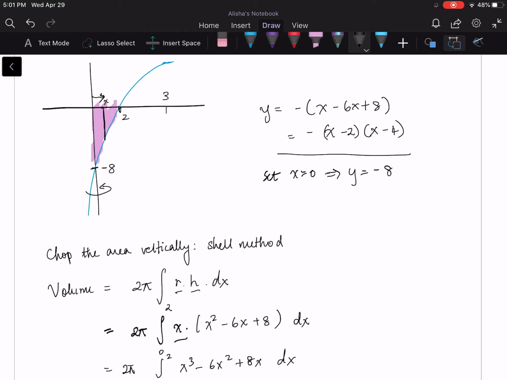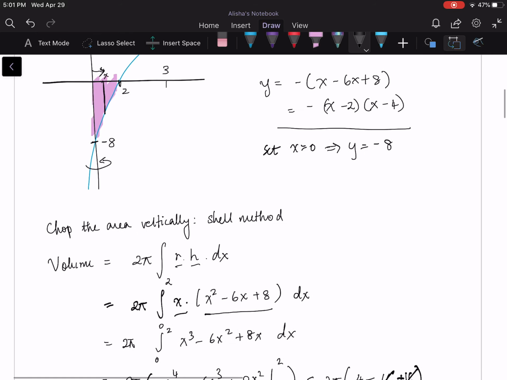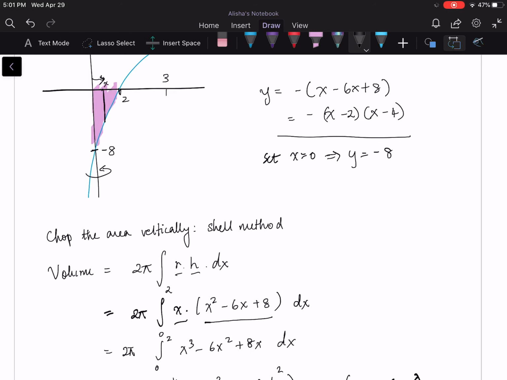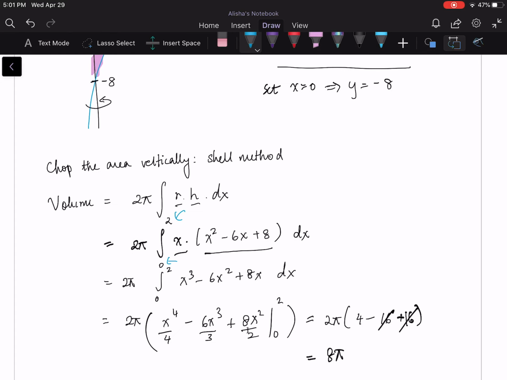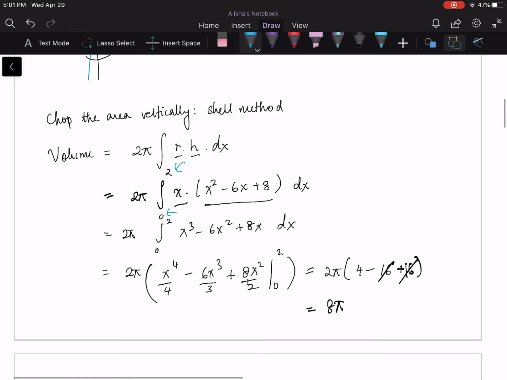And the height is just given by the y value, and because my y values are negative, I flip the sign, so that gives me a positive height value. Now it's just a question of multiplying out. Notice that because I know what my x-intercepts are, I know that my bounds are going from 0 to 2. Now it's just a question of multiplying that out, applying the power rule for antiderivatives, plugging in the endpoints, and simplifying a bit.